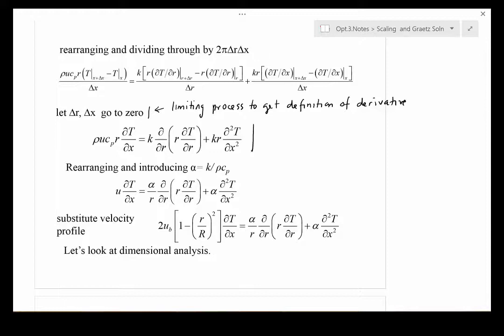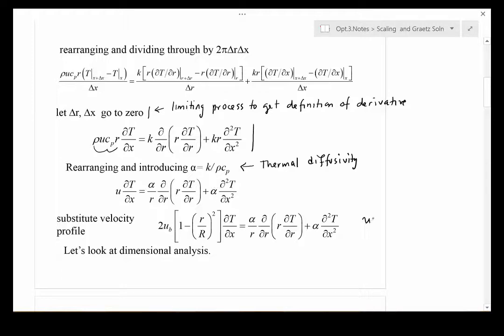We can rearrange it and introduce the thermal diffusivity. It would be worthwhile if you follow along and recognize that we're dividing through here by rho Cp r. The k over rho Cp is alpha, and then the r goes into the denominator. That r is lost in the d squared T dx squared term, and again we have alpha there.